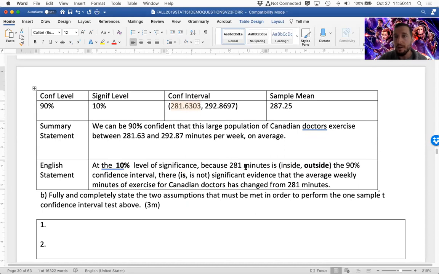So 281 is actually just outside this confidence interval. It's just on the lower edge. Therefore we have evidence that the amount that doctors exercise is actually different from the amount stated. In this case, it actually looks like it's higher, since the interval is telling us that we're 90% confident that it's between 281.6 and 292.9 minutes per week.